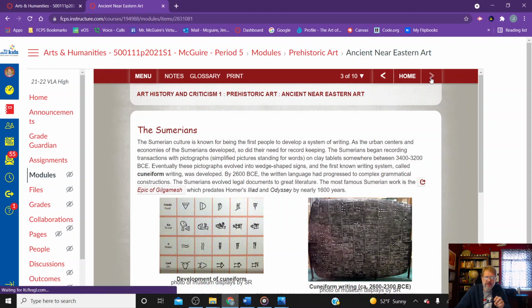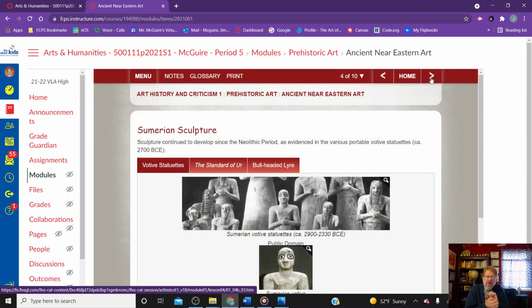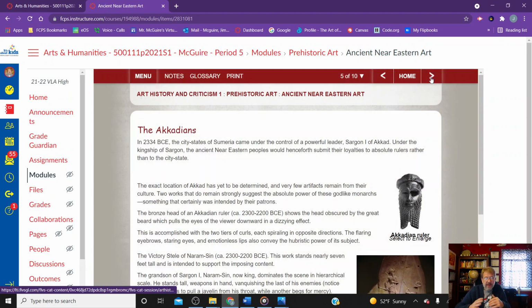How did they do it? That sort of thing. Again, I'm less concerned with names and dates than with being able to recognize, because of specific features like the big eyes, that it's Sumerian, recognizing the time period.